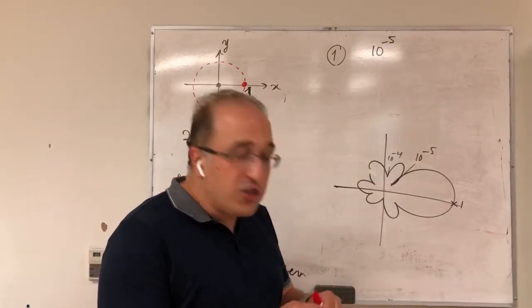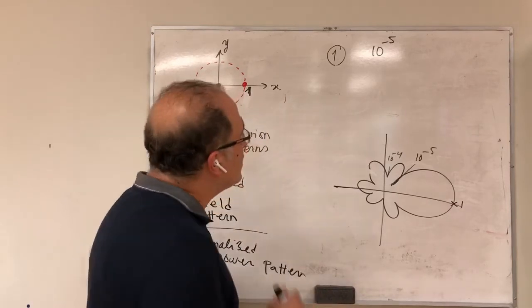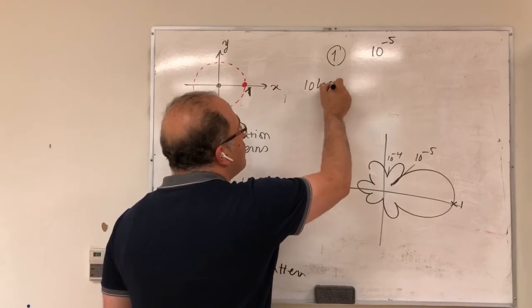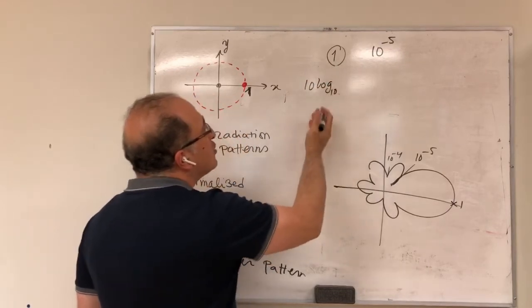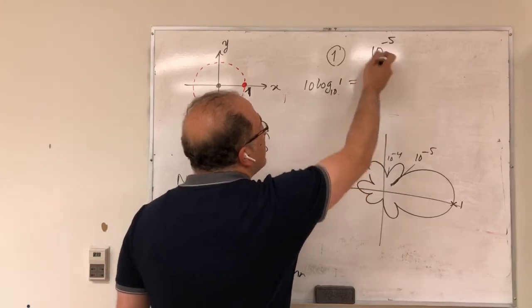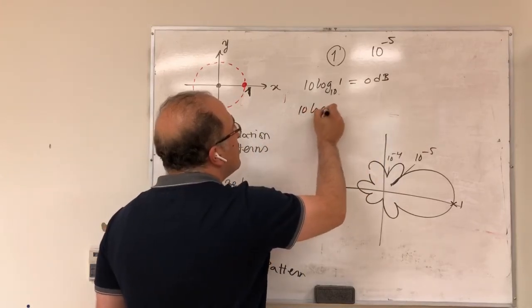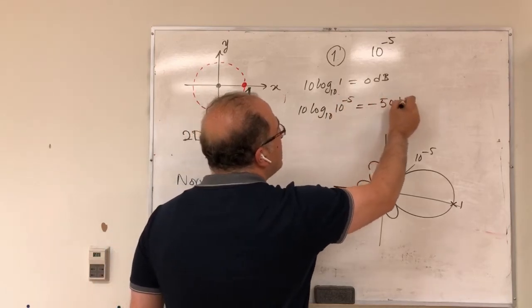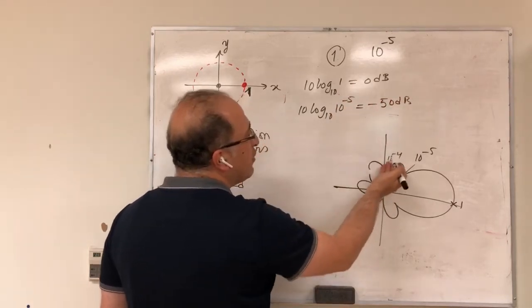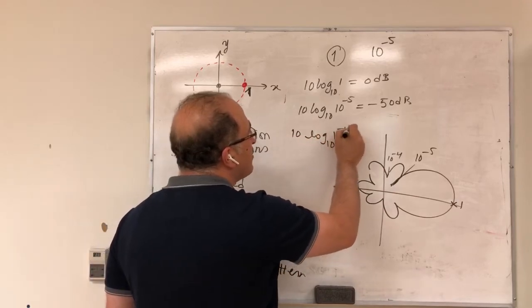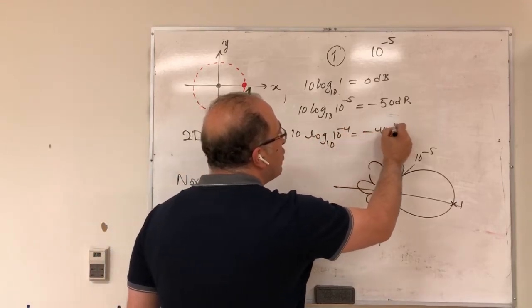But if you change this to dB, dB would be 10 log base 10 for power. So 10 log base 10 of 1 is 0 dB. This becomes 10 log base 10 of 10 to the power of -5, which is -50 dB. And then the 10 to the power of -4 that I had here is 10 log base 10 of 10 to the power of -4, which is -40 dB.